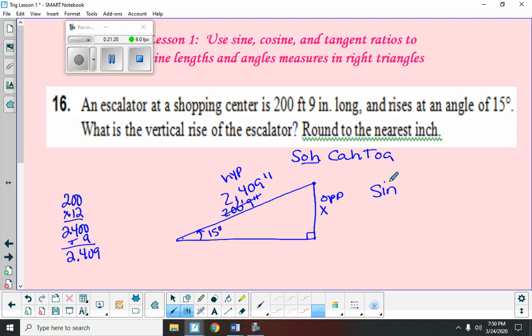So the sine of 15 equals the opposite, which is x, over the hypotenuse, which is 2,409. So we'll cross multiply.